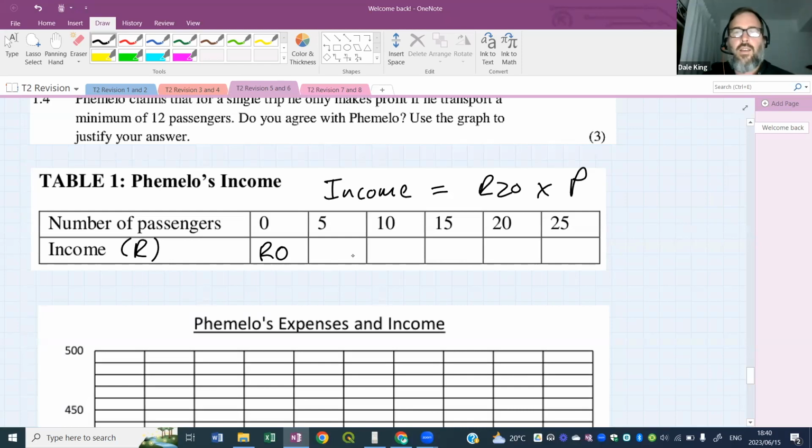How much does he get if he's got 5 passengers? 100. Okay. 100. What if it's 10? There we go. I can hear the calculators. All right. 200. Good.